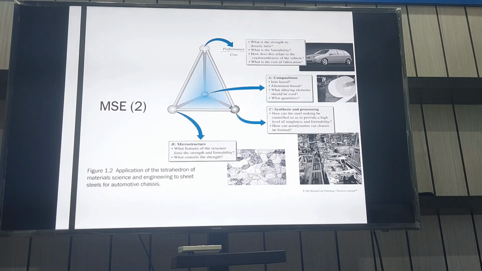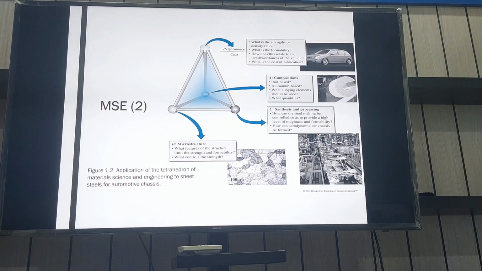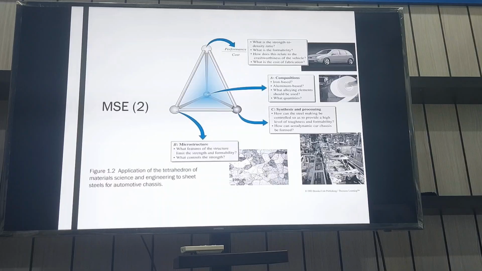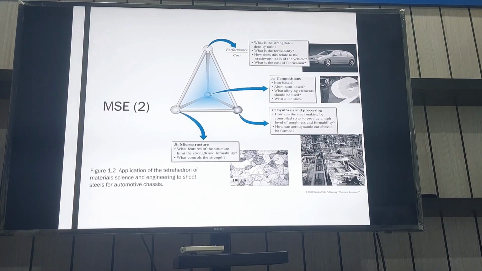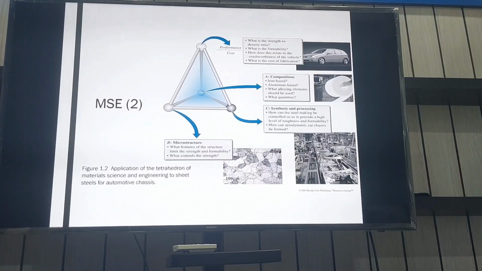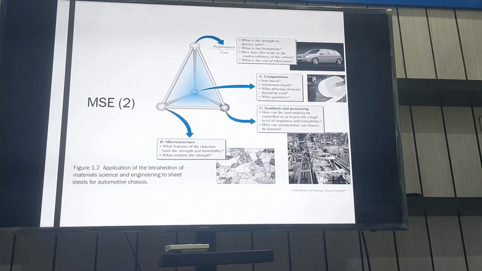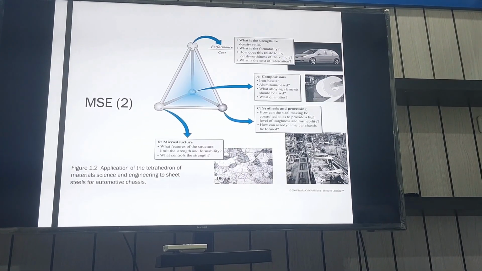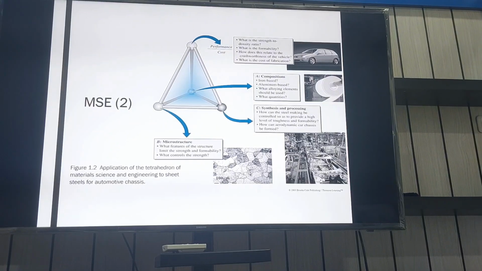Or maybe for today, for people in your generation, which kind of car do you want to buy? Iron based car or aluminum based car? Aluminum maybe the best choice. Aluminum. Yes, and alloying elements.